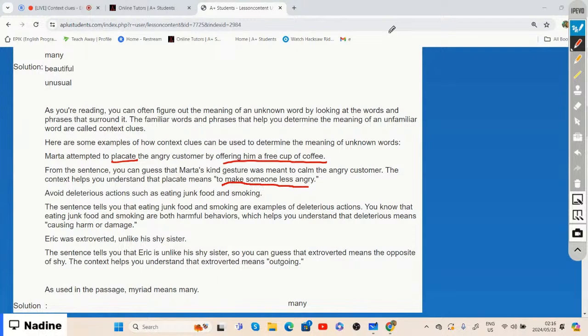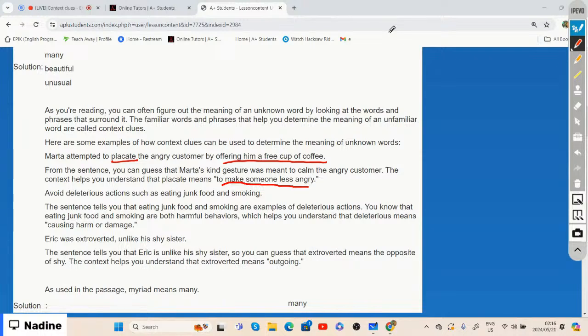If we specifically look at what junk food and smoking entail, they usually entail harmful behaviors or things that will cause harm or that we would say is bad. So they're saying we need to avoid those types of foods.